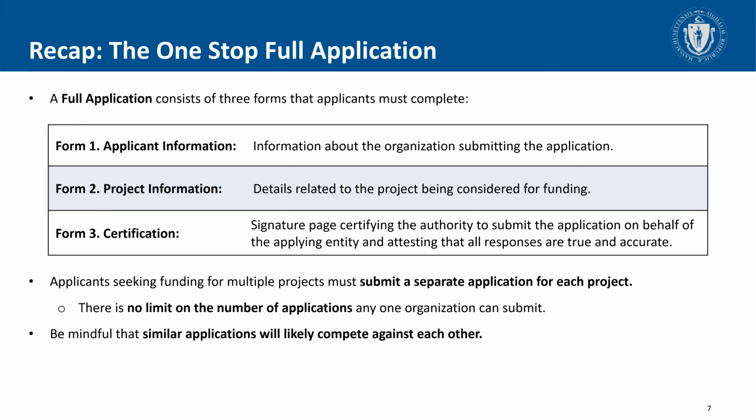Form 2 is where you will really get into all the details related to the project and the request for funding. This is all the project information. And then Form 3 is certification pages. This is where you would certify the authority to submit the application on behalf of the entity and attest that all the responses are true and accurate.